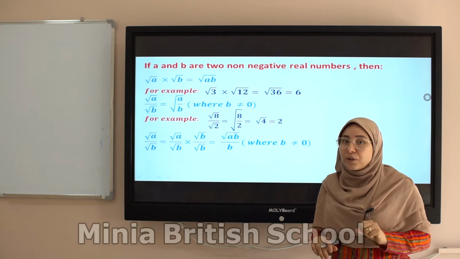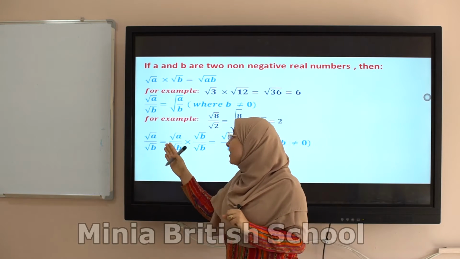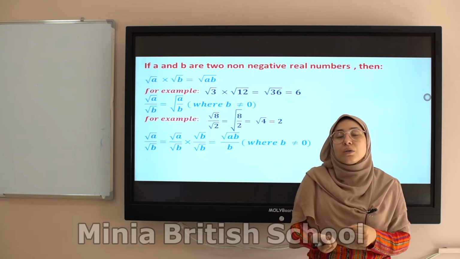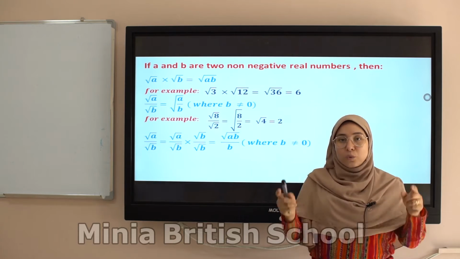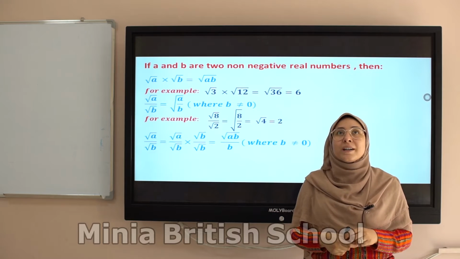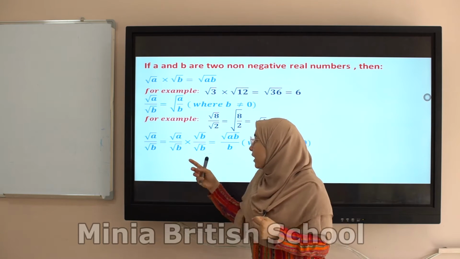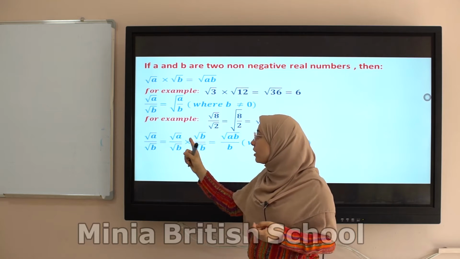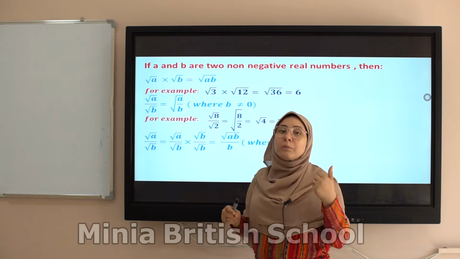The third property, root A over root B. This property we use to make the denominator a whole number, or an integer. So I will multiply this fraction by the root in the denominator.